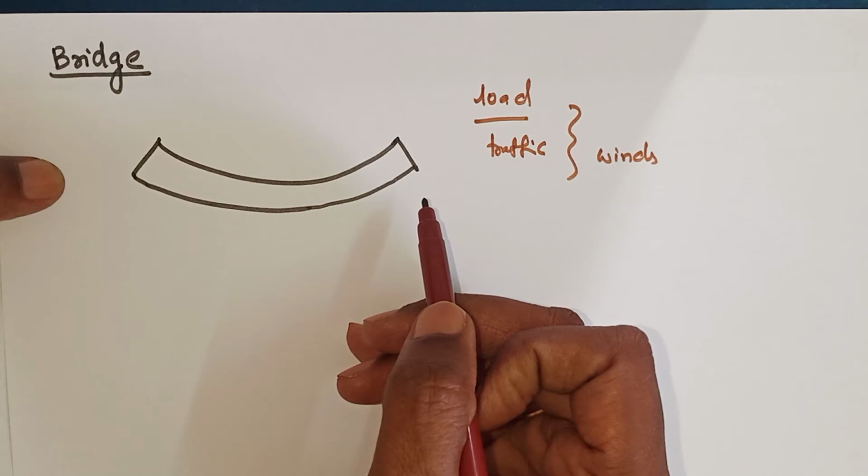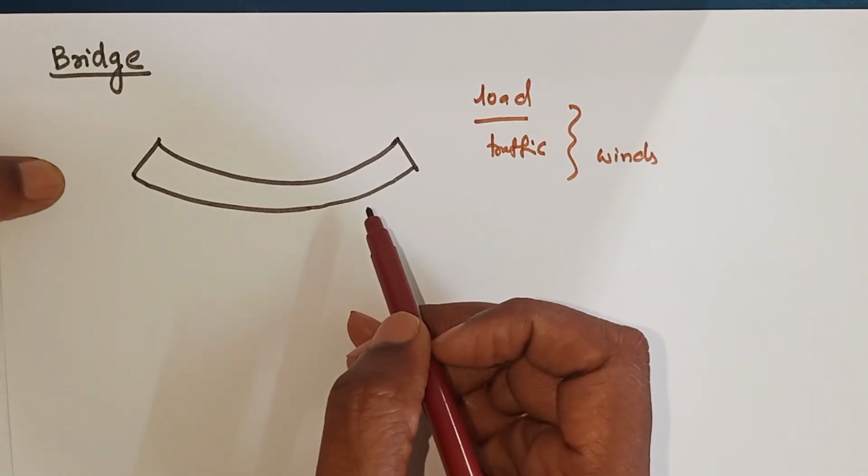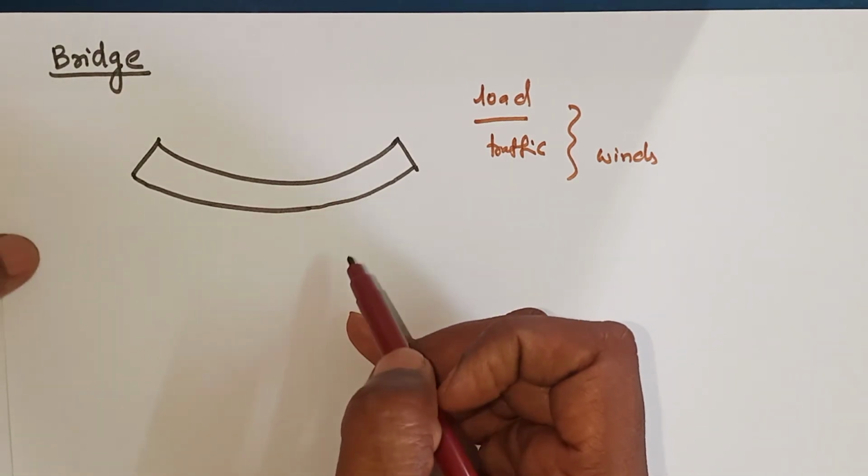A beam is loaded at the center and supported near the ends, right.